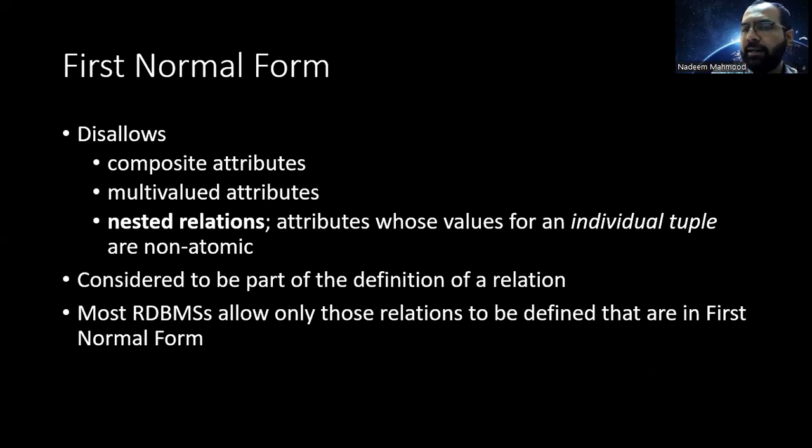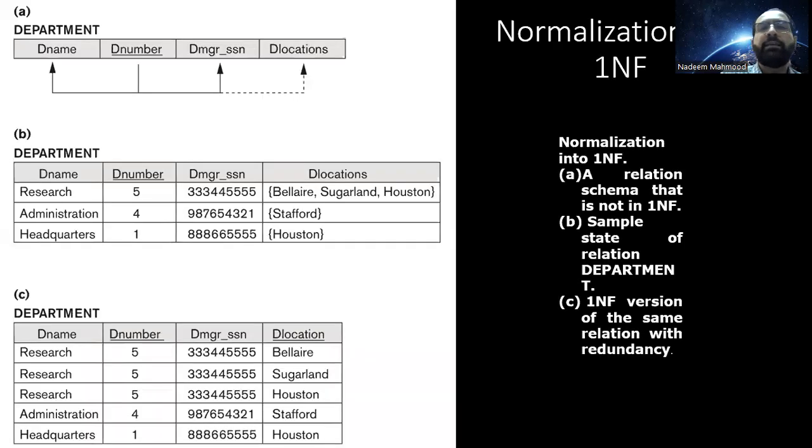It means it has multiple values or a list of values, or has a relationship with another relation. These are the things which we have to see and overcome whenever we have a certain relation, and that is basically the definition of first normal form.